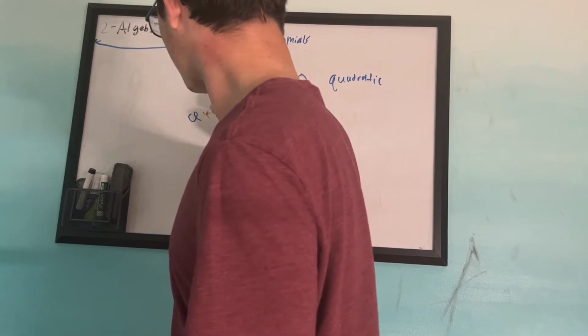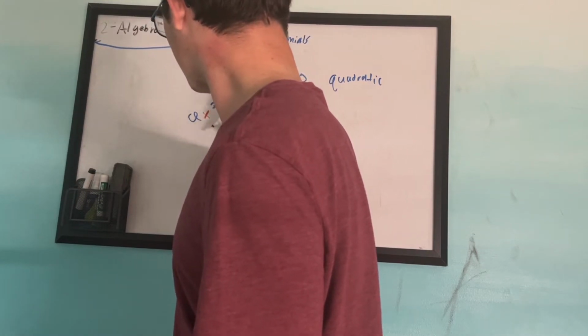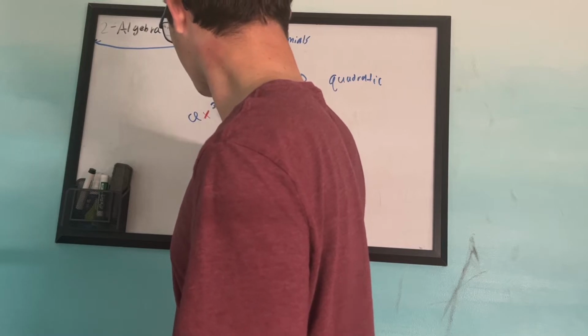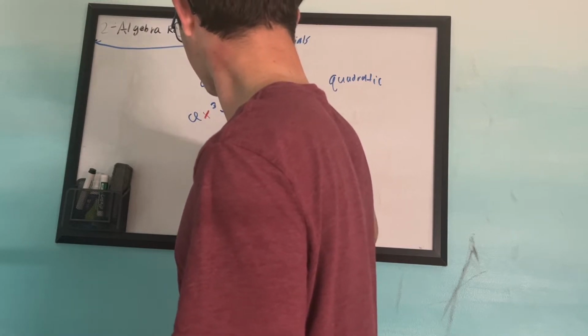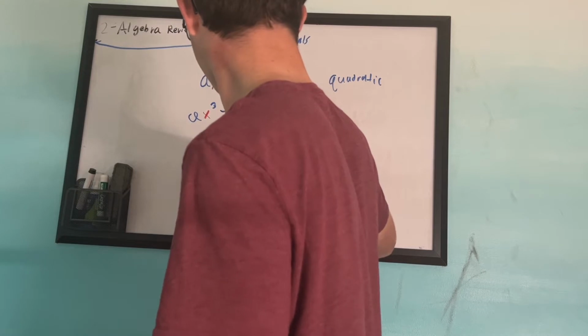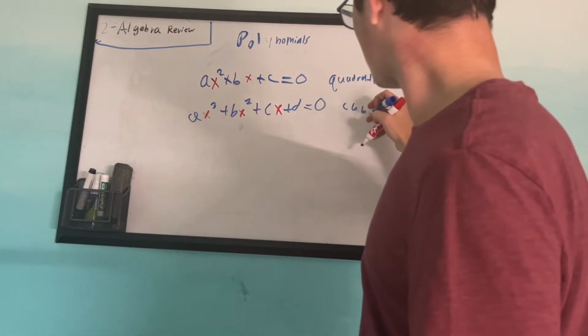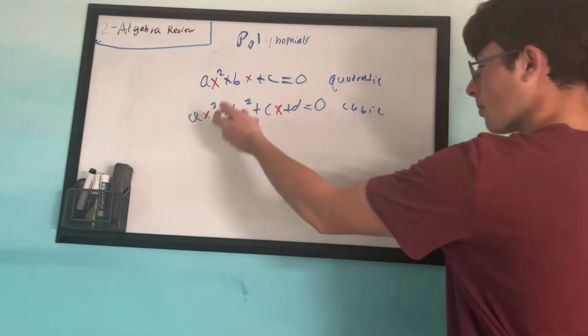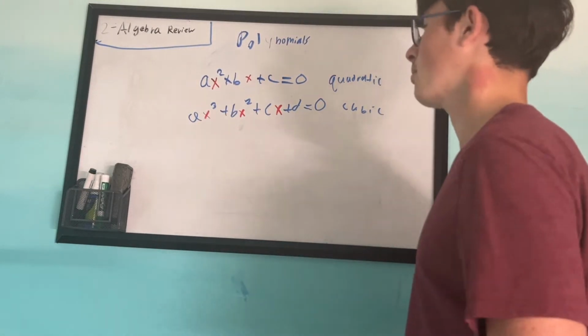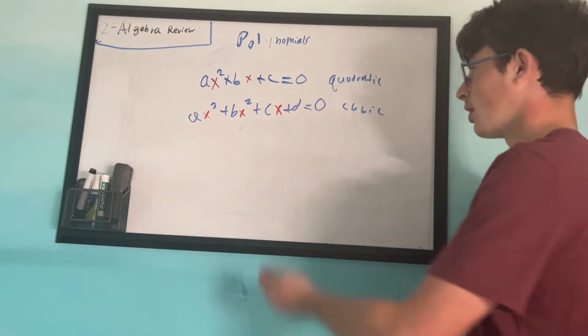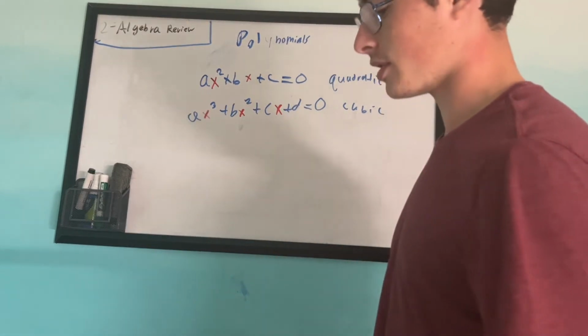Got your ax cubed plus your bx squared plus your cx plus your d equals 0. So it's just anything where you have ax to the n plus bx to the n minus 1 plus cx to the n minus 2, and so on, all set equal to 0.